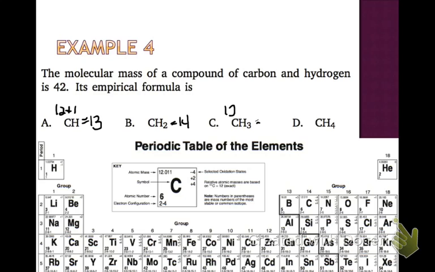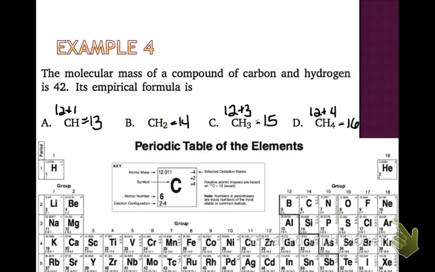C, we have 12 for a carbon, plus 3 hydrogens, because each hydrogen is equal to 1, so we can just multiply 1 times 3. So that gives us a mass of 15. And then D is CH4, so that's 12 plus 4, because the mass of hydrogen is just 1, so that gives us 16. So these are the masses of each of the empirical formulas.